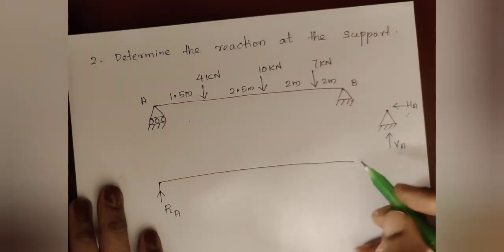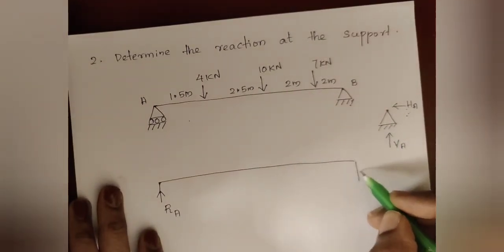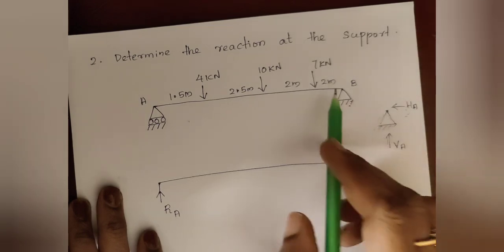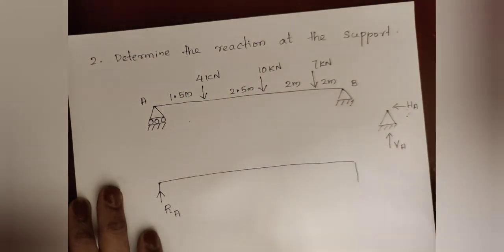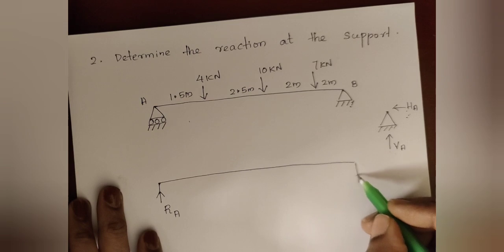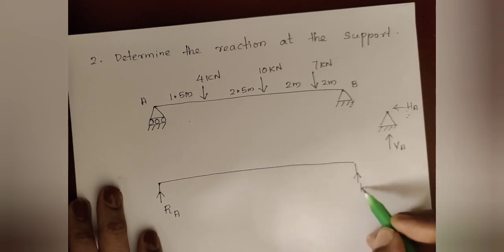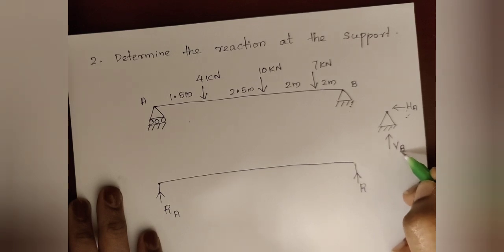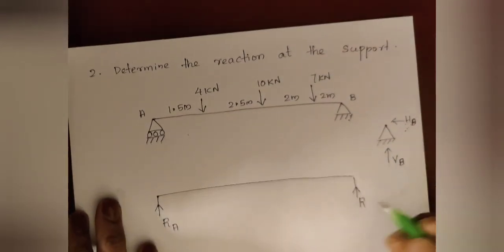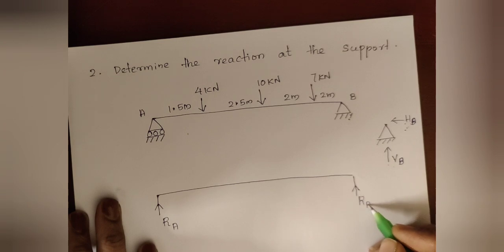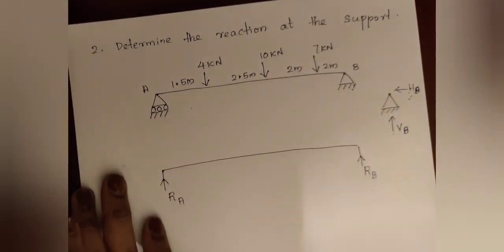So at the hinge support, it resembles a roller support because the external loads are vertical. So instead of VA, you can represent the reaction as VB and HB. So instead of VB, you can represent this as RB.